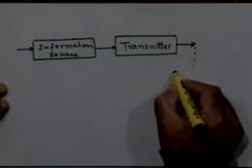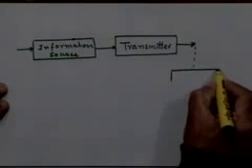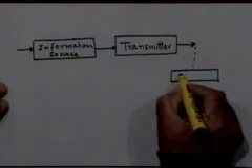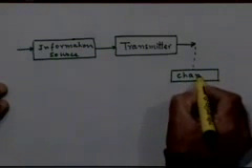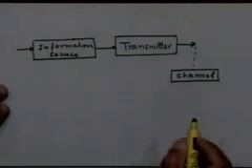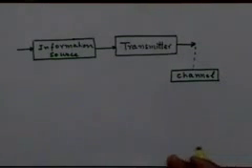And the information is now ready for putting on the channel. The physical channel, the physical medium through which you transmit this information, we will call the channel. So the channel is an abstraction for every kind of physical medium through which you will transmit information.